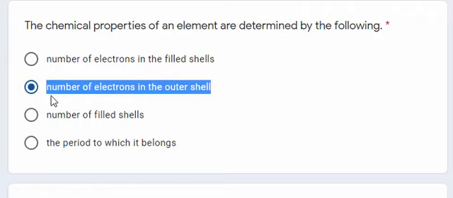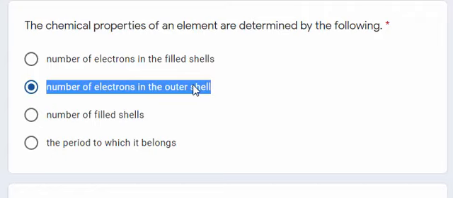Now, the grouping in the periodic table: each group is made up of atoms that have the same number of valence electrons, the same number of electrons in the outer shell. That's what determines the groups. Group 1, for example, all atoms in group 1 have 1 electron in the outer shell.